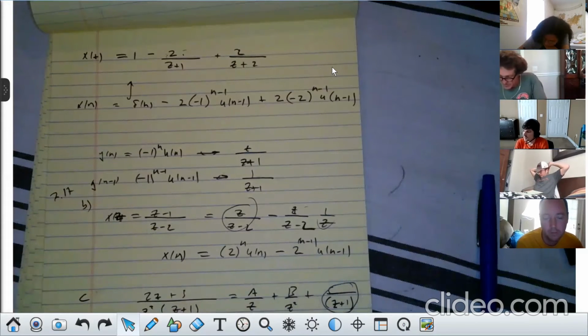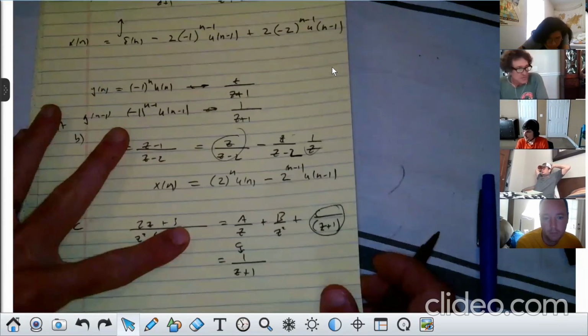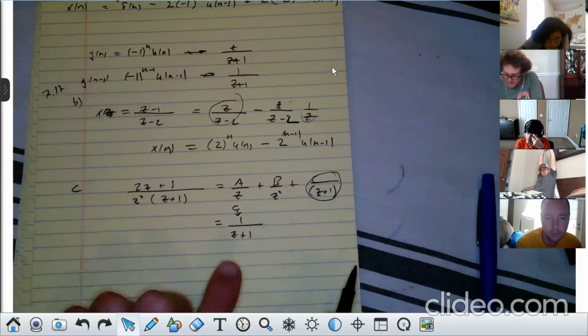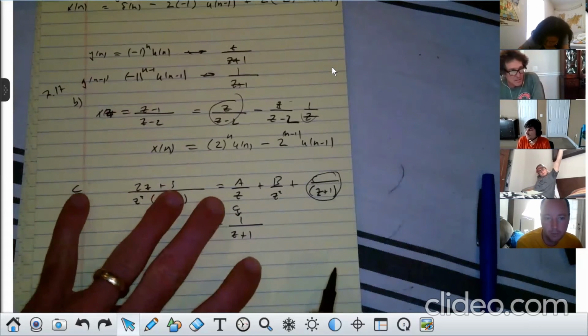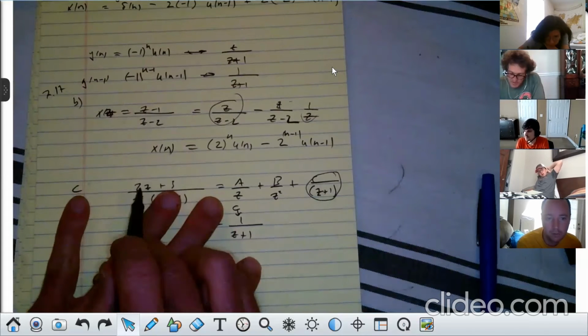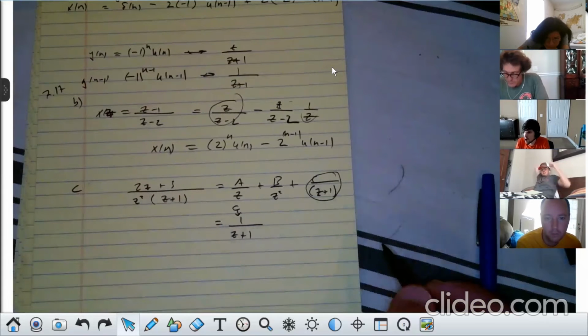So if you cover up z plus 1 right there, then let z be equal to -1. You get -2 plus 3, which is just 1, and -1 squared is 1. It's 1 over z plus 1, right?